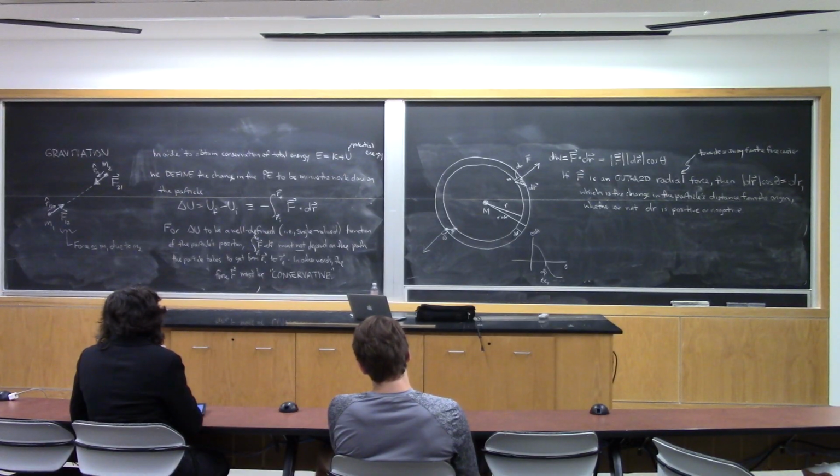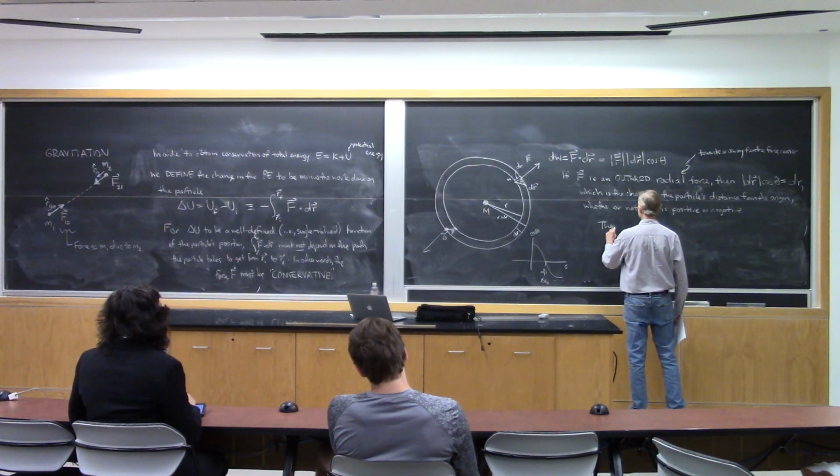So that's why I say whether or not dr is positive or negative, dr cosine theta is equal to its value, no matter what. Because if it's moving outwards, cosine theta will be positive, and if it's moving inwards, cosine theta will be negative. So we're good to go there.